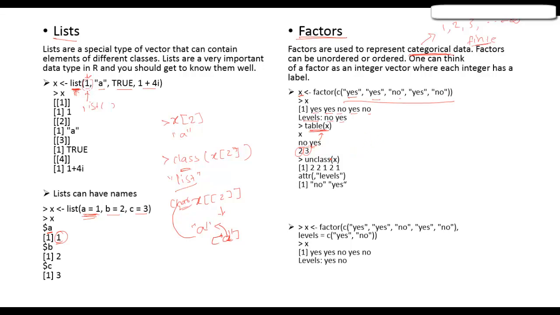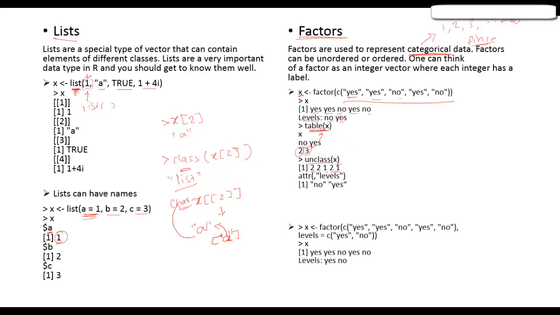Okay. Now there is another command called unclass. You can unclass this x. After unclassing it, it will return a basically non-factor normal vector. So what happens when we do unclass? It returns numbers. Why does it return numbers?